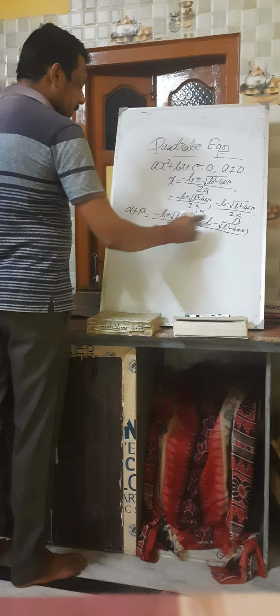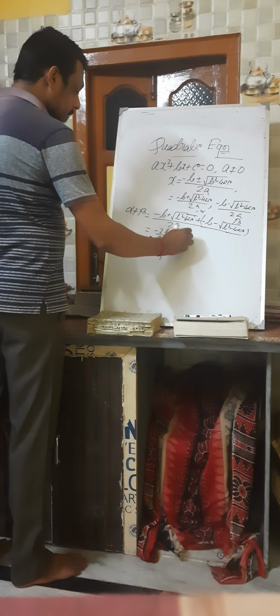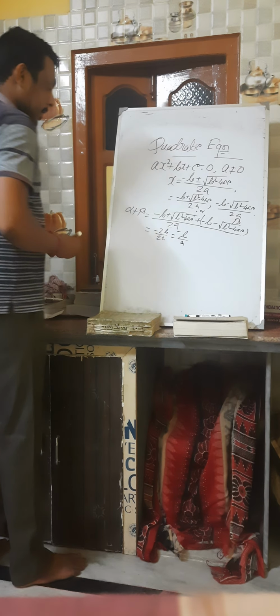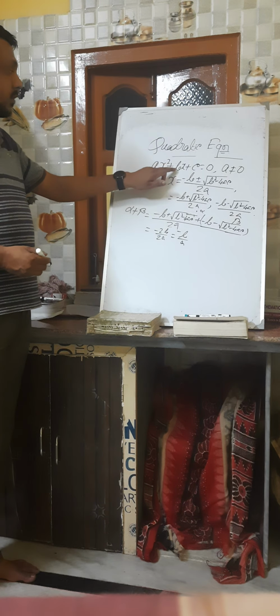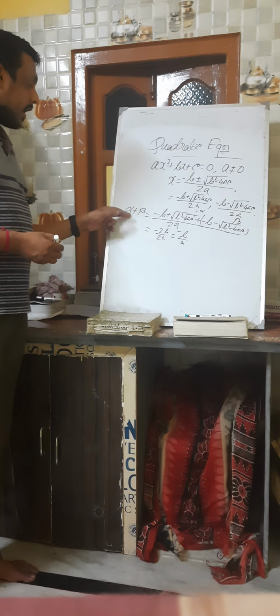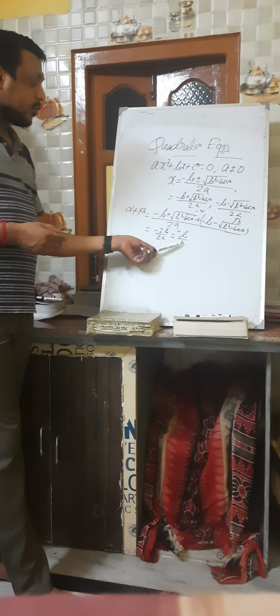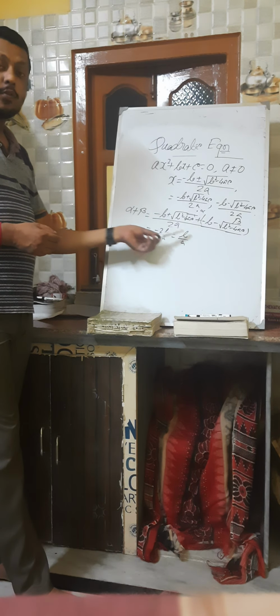Now this one gets cancelled, so you get minus 2b by 2a, that means minus b by a. b is the coefficient of x, a is the coefficient of x square, so you will get alpha plus beta equals minus b by a, where a is the coefficient of x square and b is the coefficient of x.